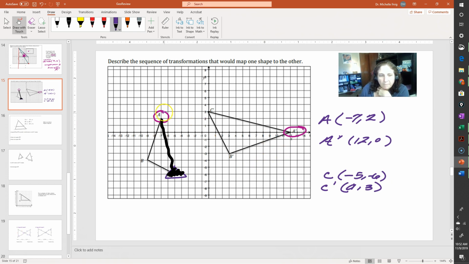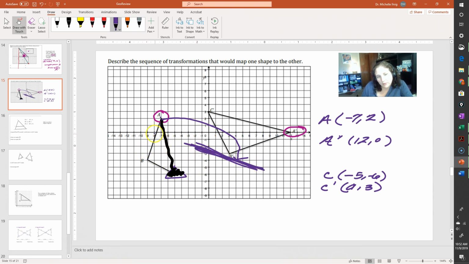Okay. So if this turned, ooh, this is actually going to be a rotation and a reflection, because we have to rotate it first to get it into this way.